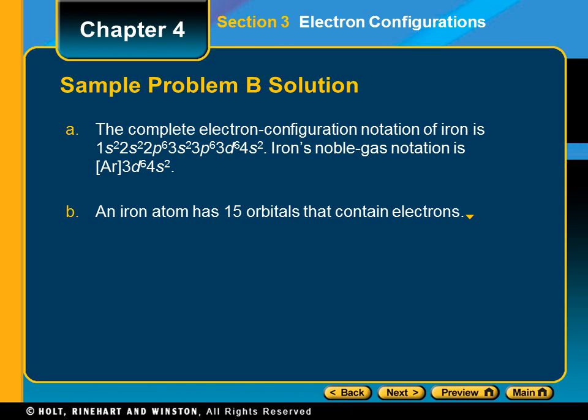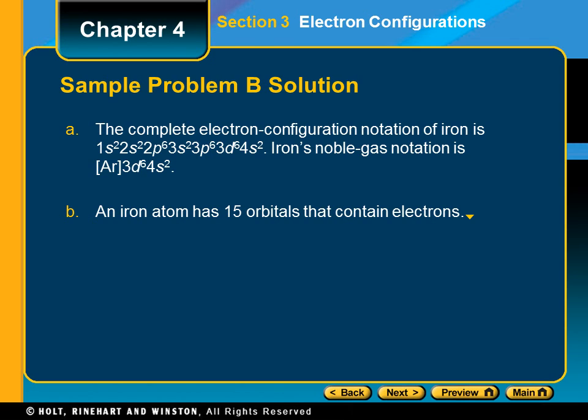It has 15 orbitals that contain electrons. S, S, and then P, right? But how many orbitals are in P? That's 3. So I've got 1, 2, 3, 4, 5.